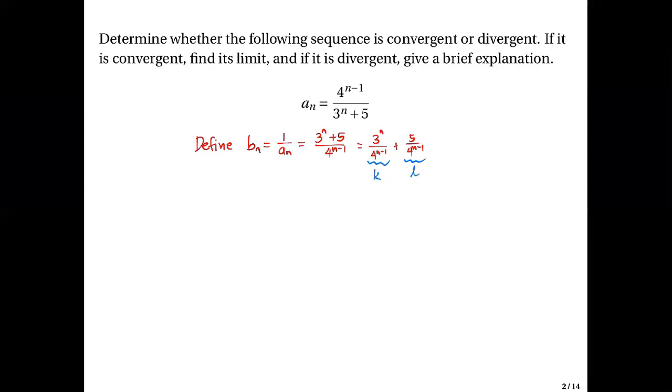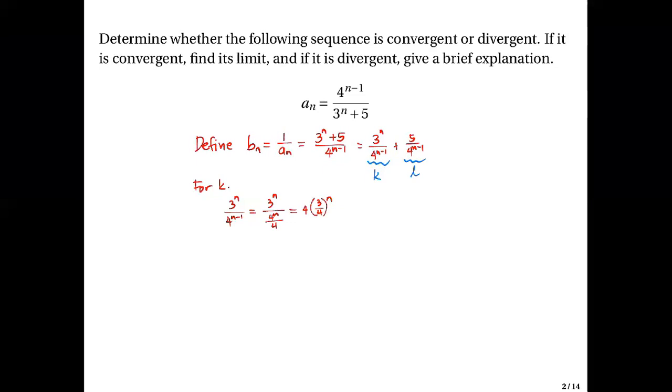So for K, we have 3 to the n over 4 to the n minus 1. We can rewrite this as 3 to the n over 4 to the n over 4. Or simply, this is just 4 times 3 over 4 raised to power n.